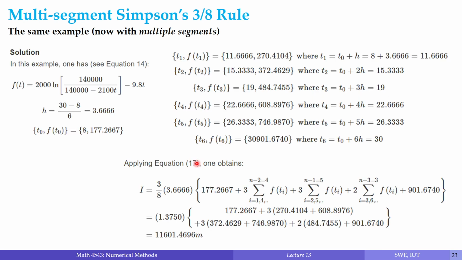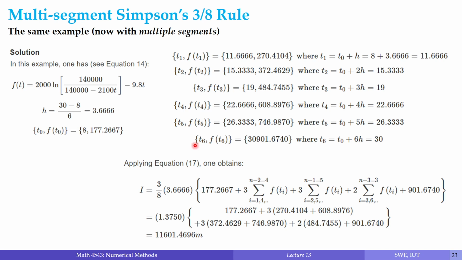We know our function, and we can calculate the step size because we know our upper limit and our lower limit. We do (b minus a) by n with n as 6, and we get h equals 3.66. We know the value of t0, which is 8. Our next job is to find the values of t1, t2, t3, t4, t5 and t6, since we're working with 6 segments.